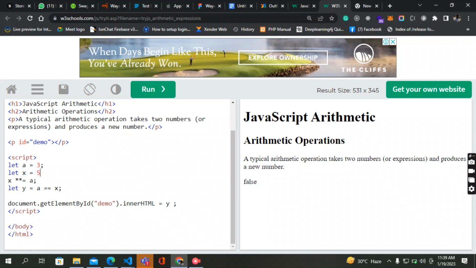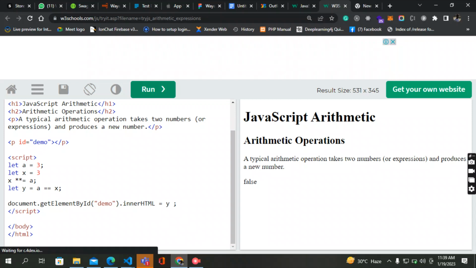So that means if I say 3 is equals 3, this will run true.